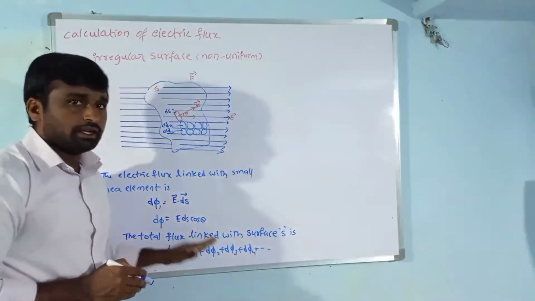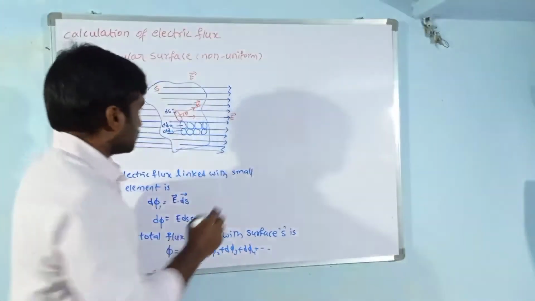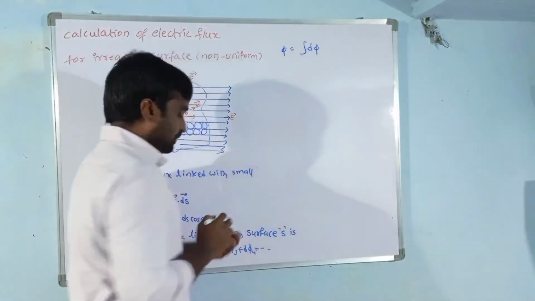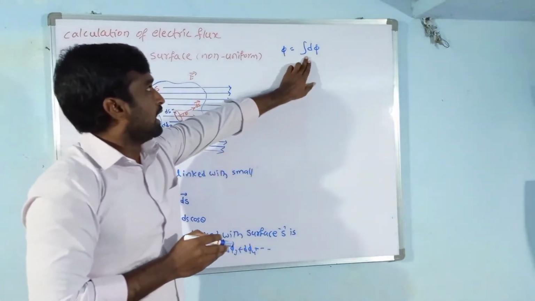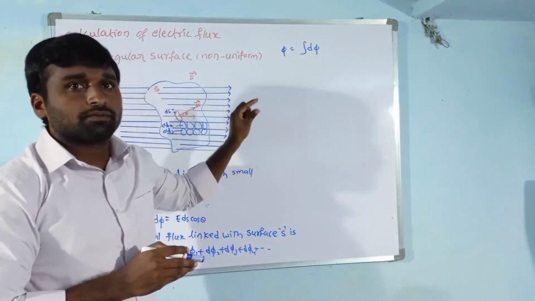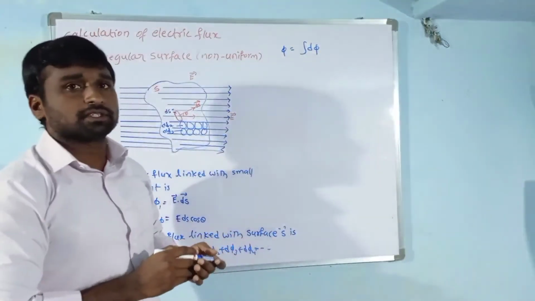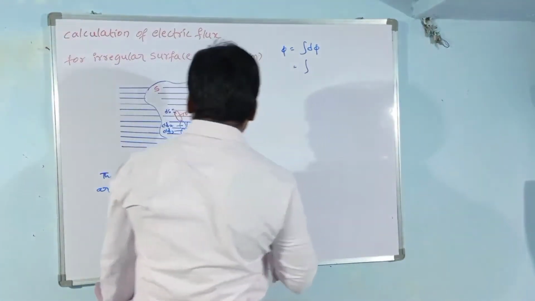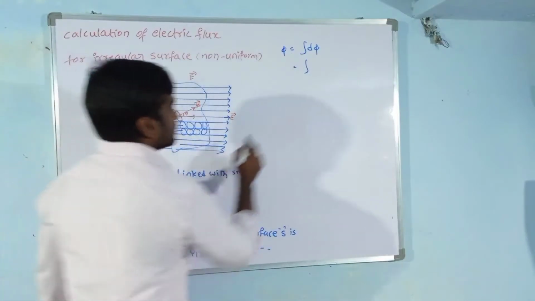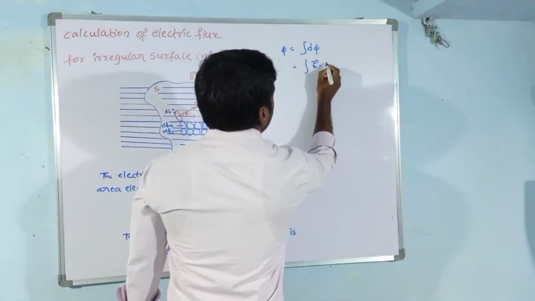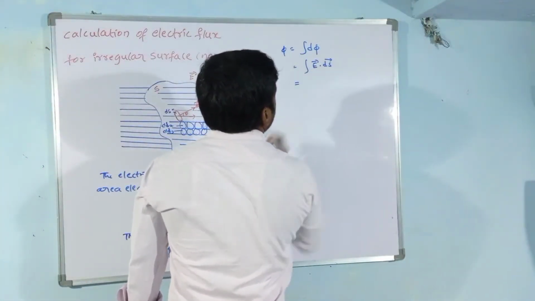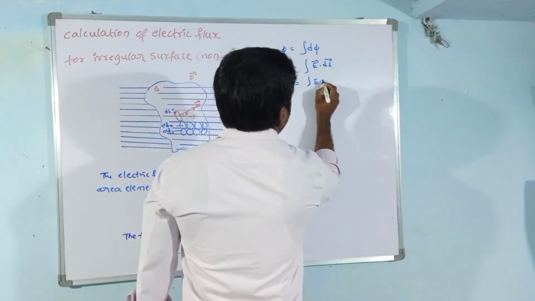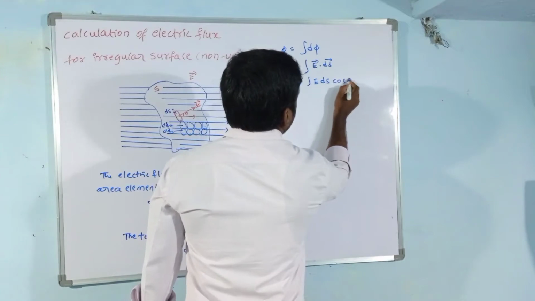I am using integration instead of this sum. This is the integration of d phi, the adding of all electric flux linked with small area elements. So what is d phi? d phi is E dot dS, which we can write as E dS cos theta.